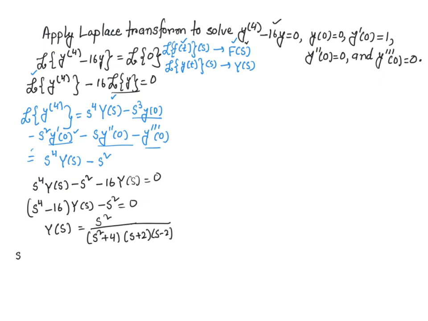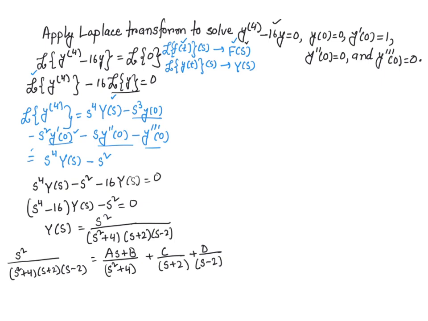So s square over s square plus 4 times s plus 2 times s minus 2 is going to be as plus b over s square plus 4, plus c over s plus 2, plus d over s minus 2.